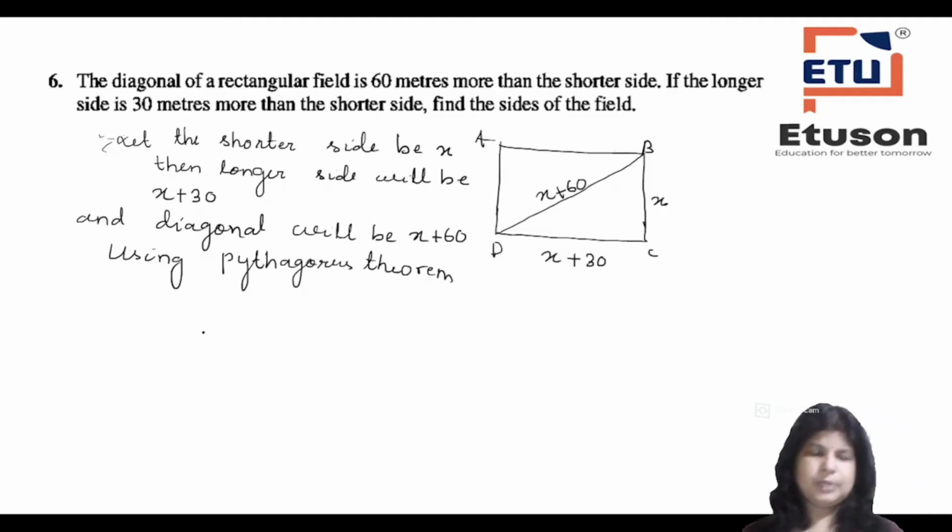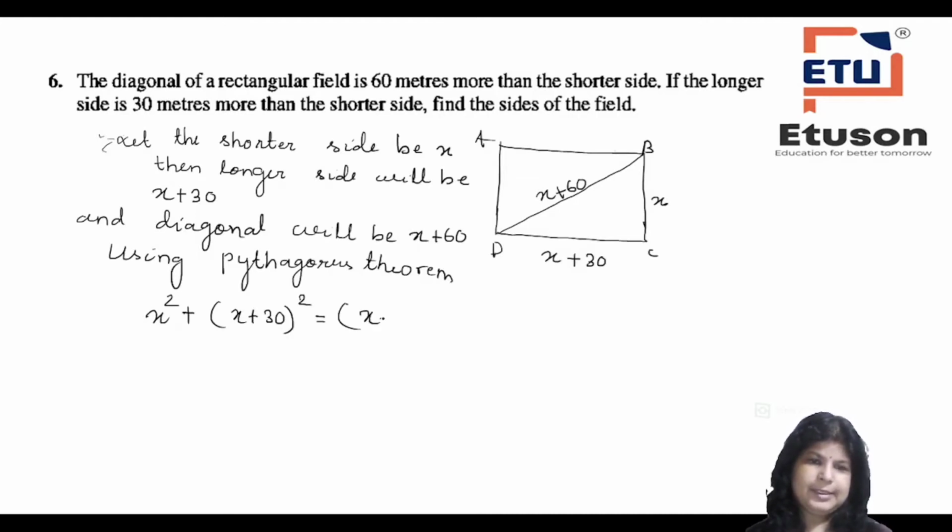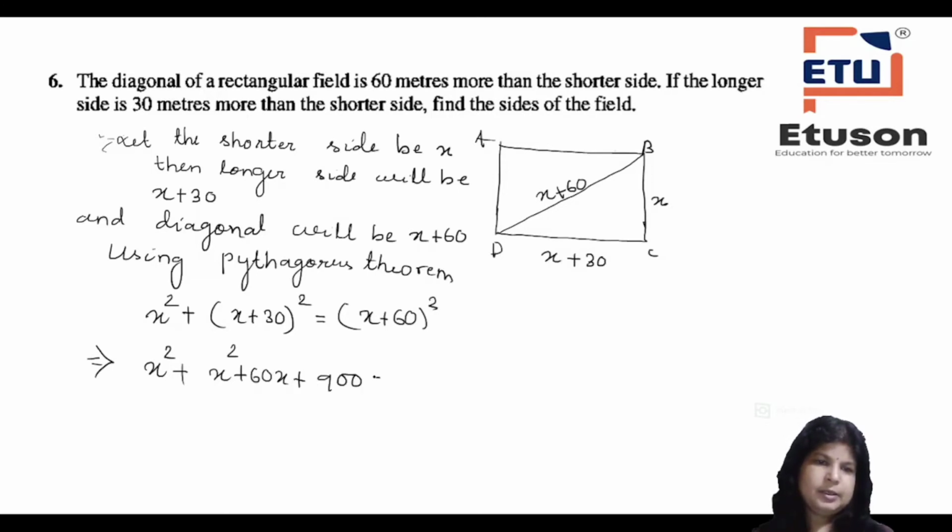Correct or not? So I can write down x square plus x plus 30 whole square is equal to x plus 60 whole square. Right? So you will get x square plus x square plus 60x plus 900 is equal to x square plus 120x plus 3600.